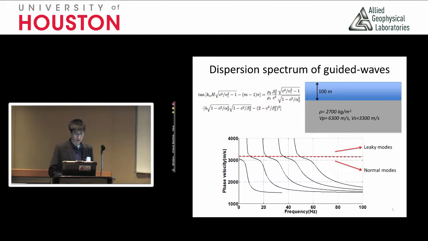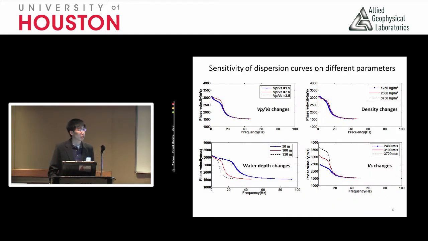And on the top of this dashed line are the leaky modes, of which part are the Scholte waves. And our focus is the normal mode of the guided wave. So to examine the different properties of the guided wave, we plot only one mode of the guided wave, and we change different property parameters in the guided wave equation.